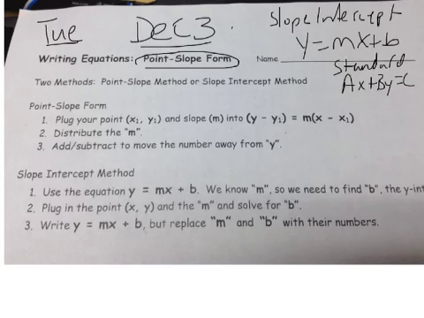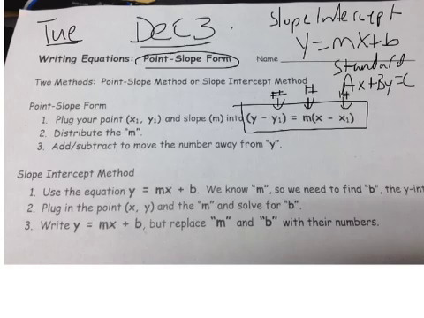Here is what point-slope form looks like. It's y minus y sub 1, which is just going to be a number, equals m times x minus x sub 1, and this is also just going to be a number. Slope is also going to be a number.